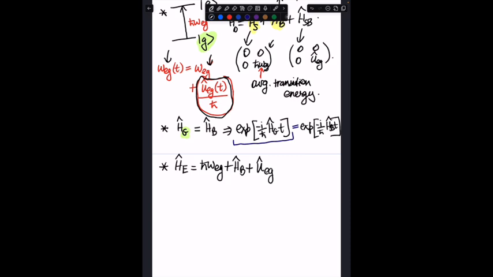So in this case, you treat the fluctuation in transition energy of the excited state in an interaction picture because this fluctuates in time as a consequence of the system-bath coupling.